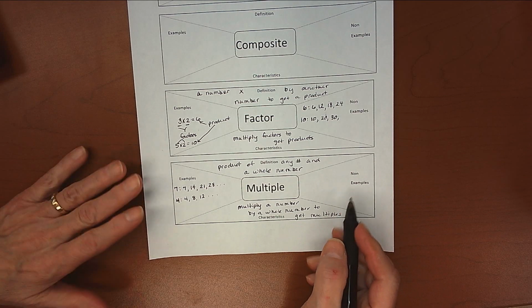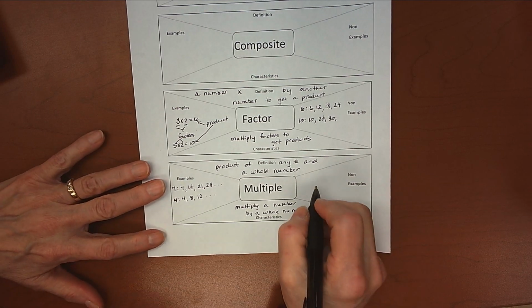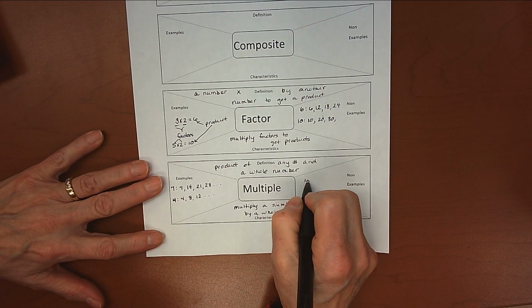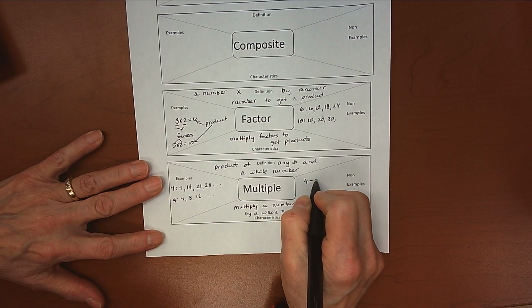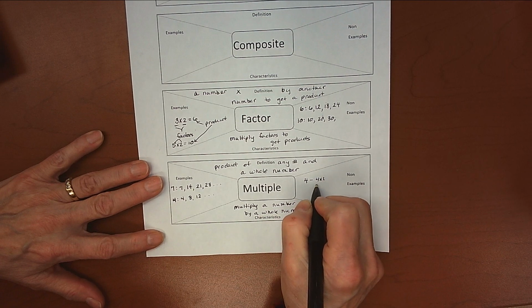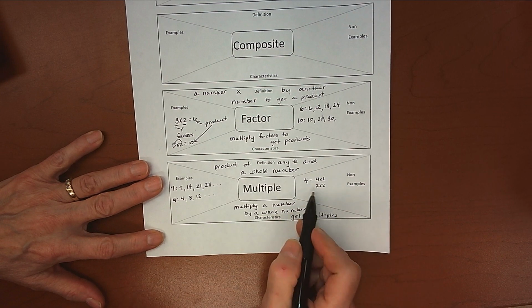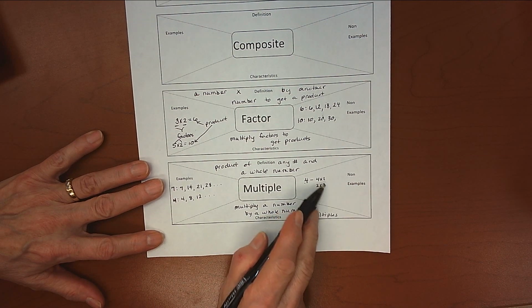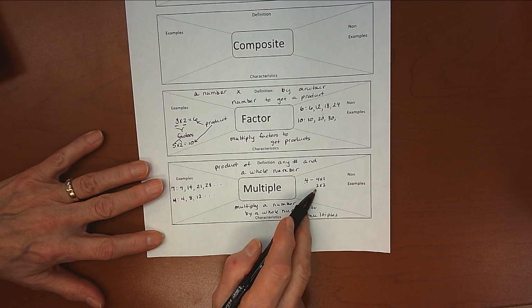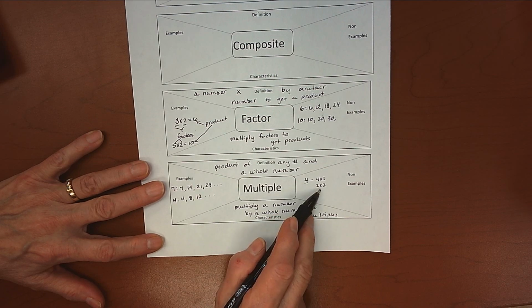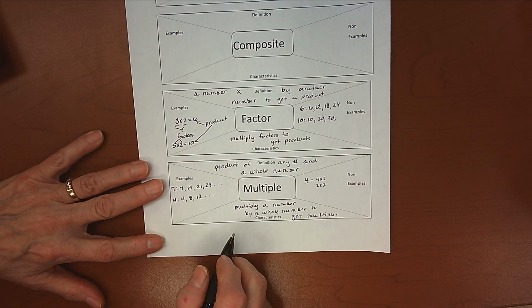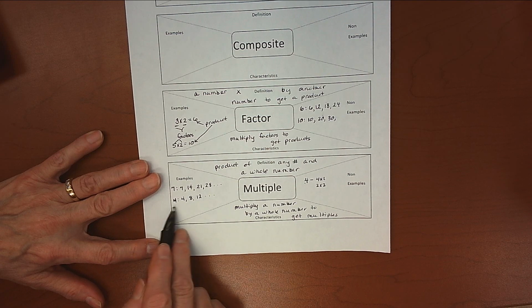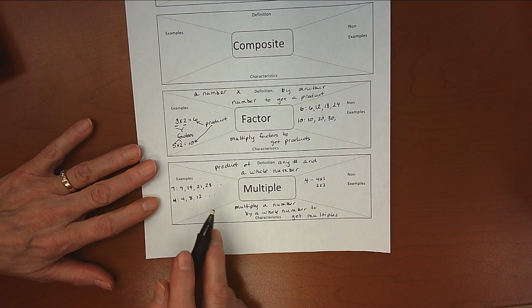Now again, the non-examples are, for instance, the number 4. We know that 4 can be 4 times 1 or 2 times 2. Those are factors, not multiples. So if I break the number apart into the numbers that can be multiplied together to get it, those are my factors. Whereas if I'm building the number up, like this over here, those are my multiples.